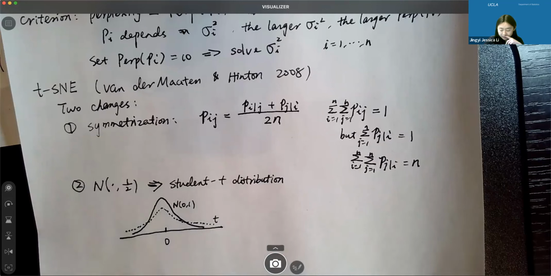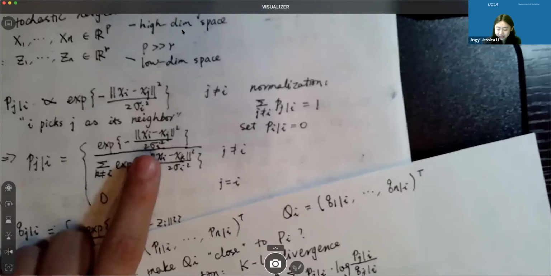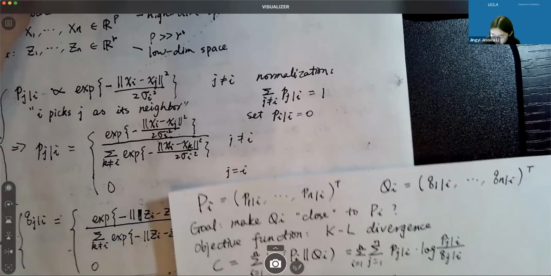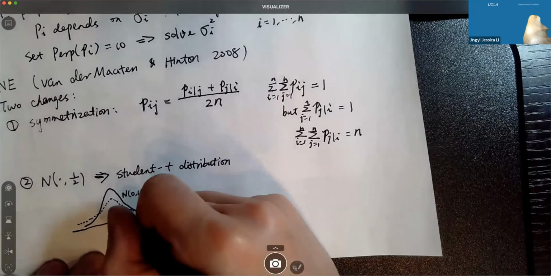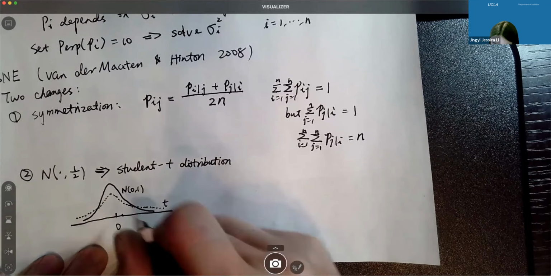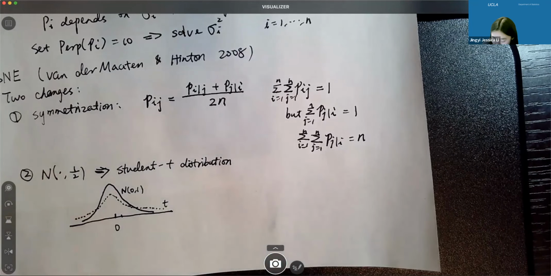Then what you can see is that the density is a way to reflect the distance. We only care about the positive domain because all the distances are non-negative.